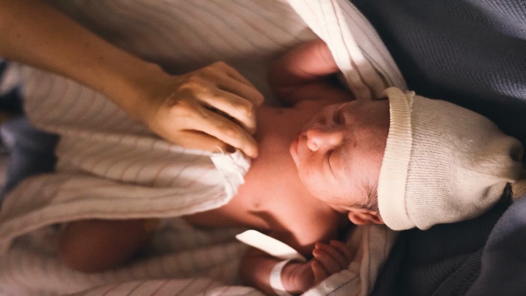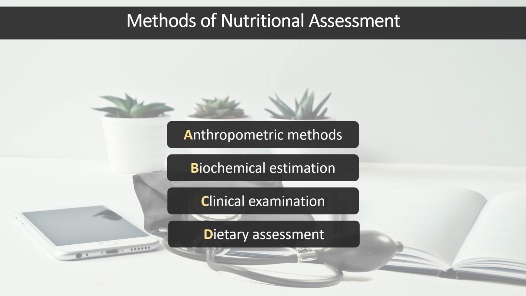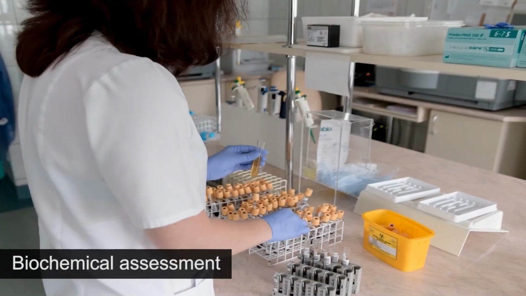Similarly, height can be used as a measure to assess the nutritional status. Let us next move on to the next method after anthropometry, biochemical. You can remember these methods as A, B, C, D. A stands for anthropometry. So now we start with B, which is biochemical assessment.